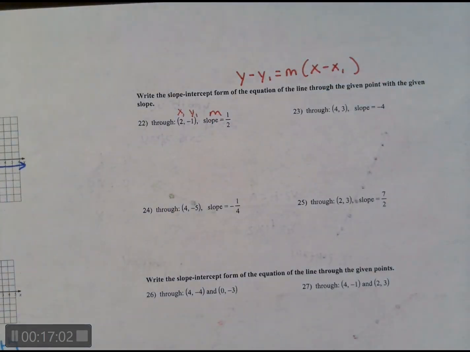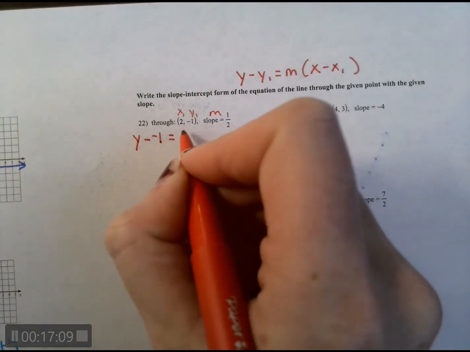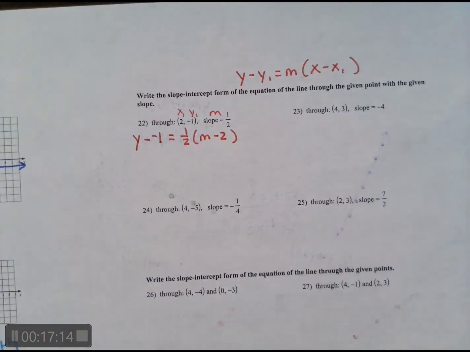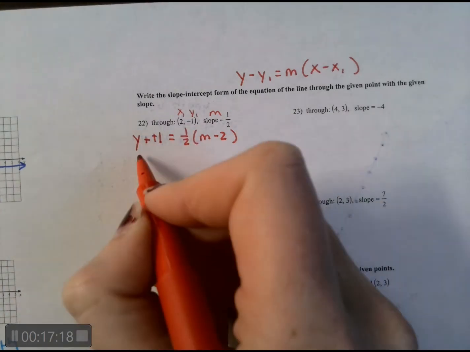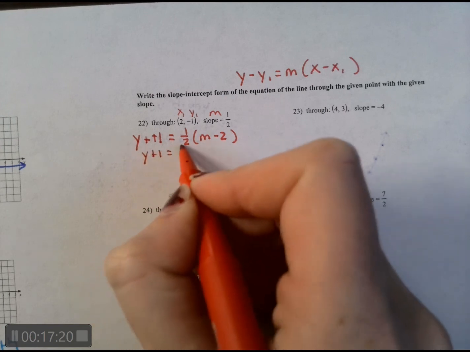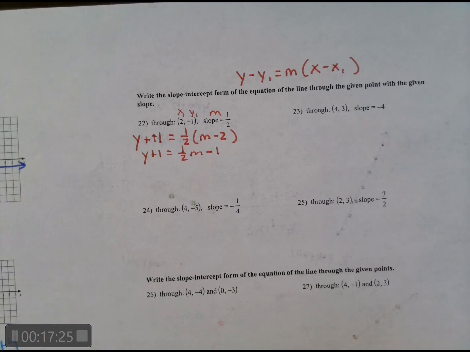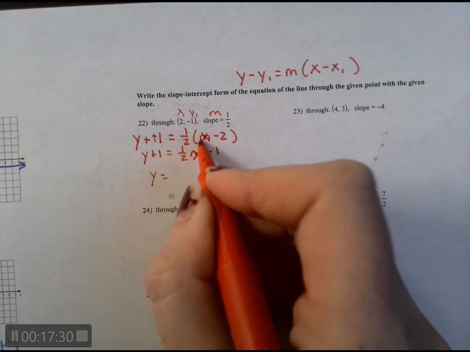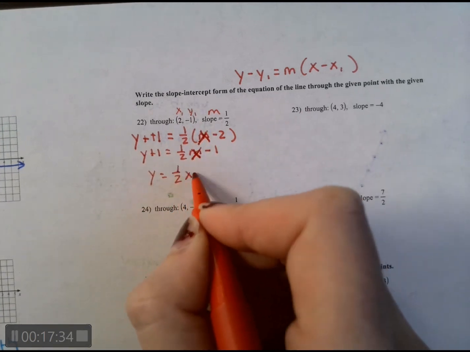Okay, so we're just going to substitute this information in. So y minus negative 1 equals 1/2 times x minus 2. Going to go ahead and make that a positive positive. Y plus 1 equals 1/2 x minus 1. And then you subtract 1 from both sides to get y equals, whoops, this is an x. Sorry, guys. Clearly, I'm just losing my mind.